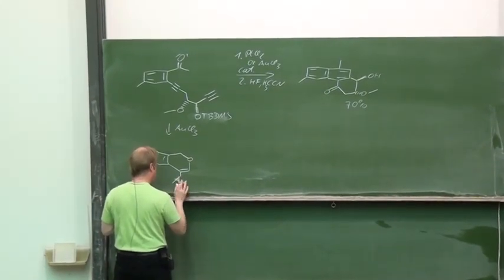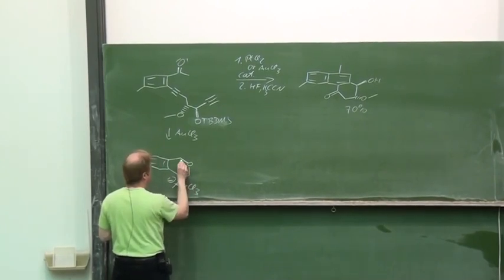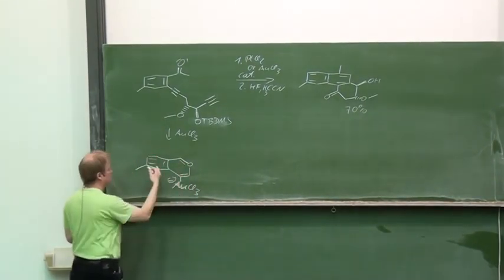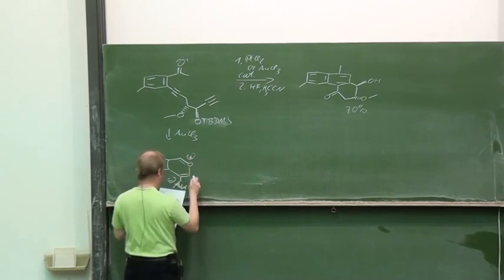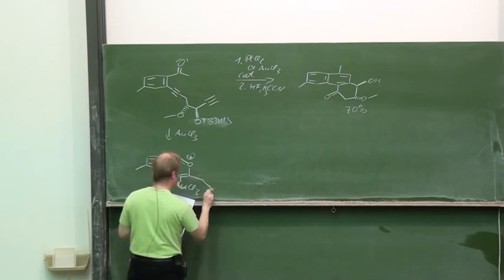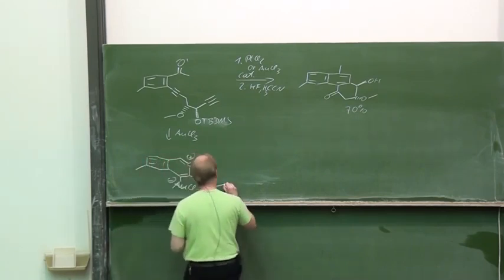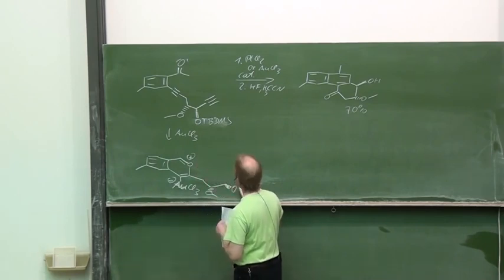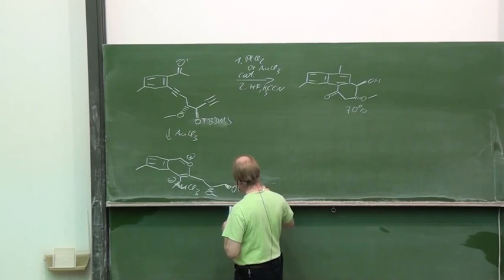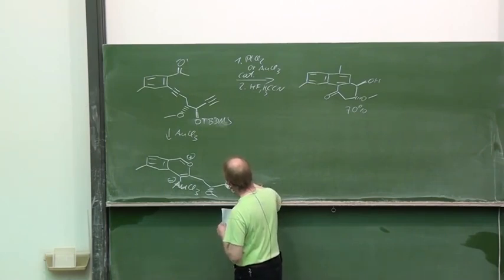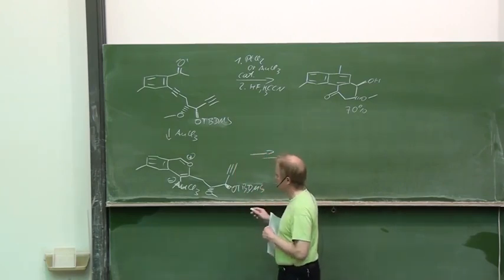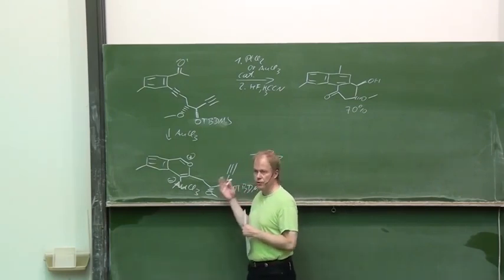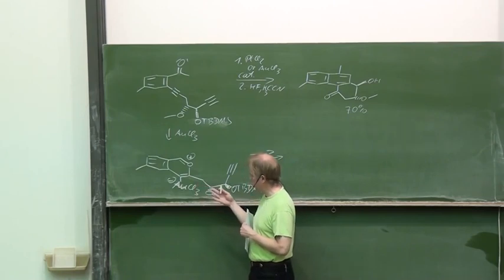An enolate is formed, and an aromatic benzopyrylium cation, and the next step, we can understand it as an intramolecular Diels-Alder reaction with inverse electron demand.